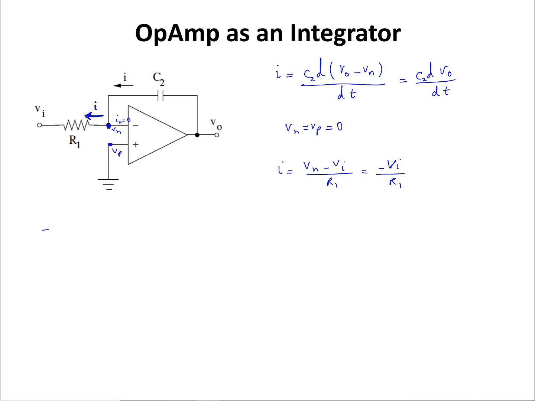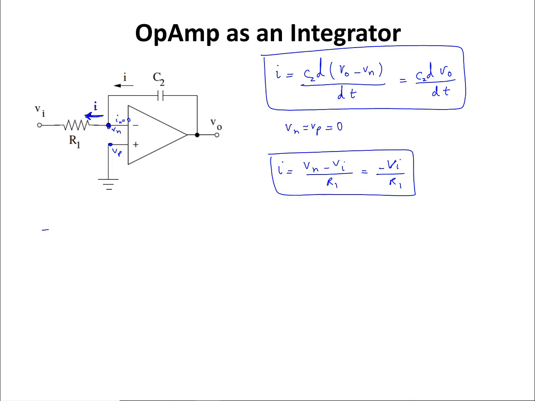From there I can equate these two equations, this one and the top one, and if you do that, negative Vi over R1 is going to be equal to C2 dVout over dt. And from here, dVout over dt is going to be equal to negative 1 over R1 C2 times Vi.